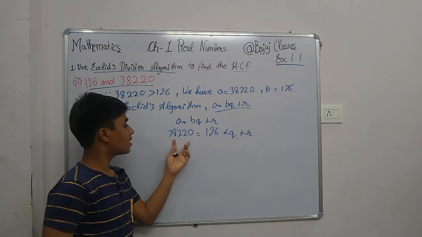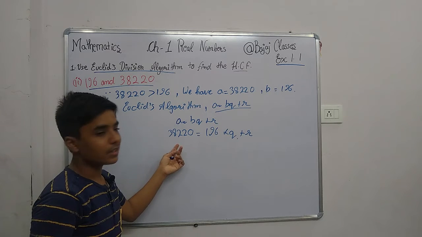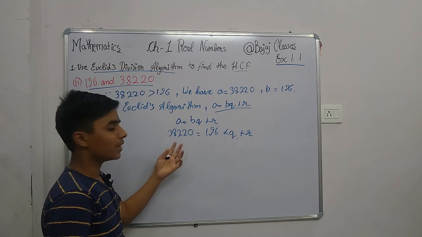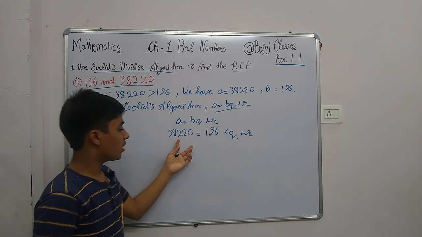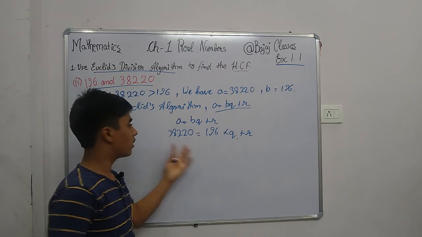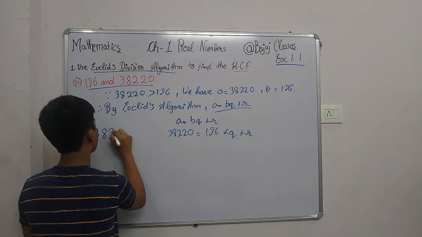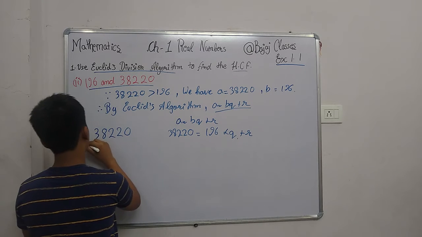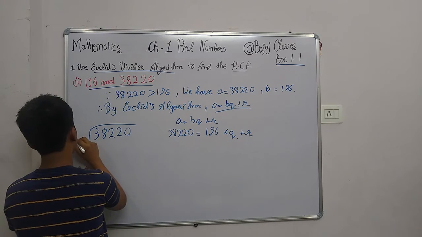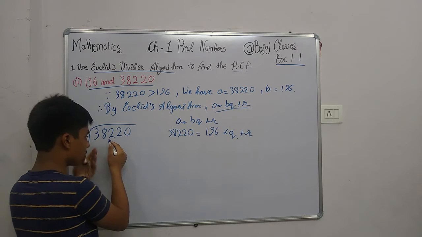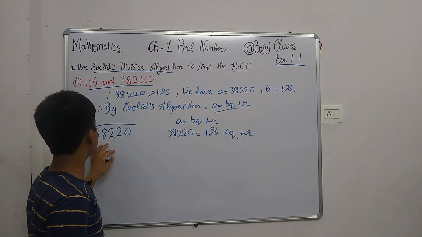Now this number is very big, so we have to divide it by 196. We will use the long division process. 38220 divided by 196. First of all we take the first three digits.